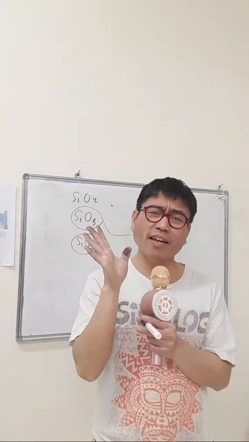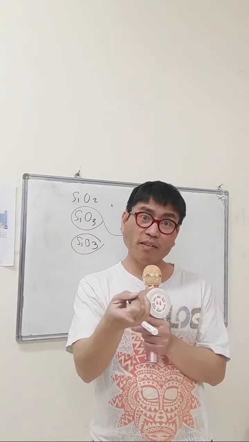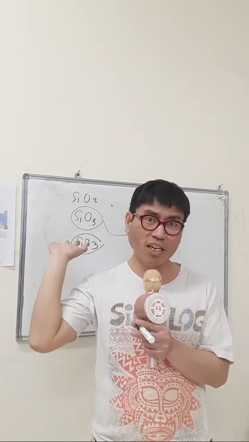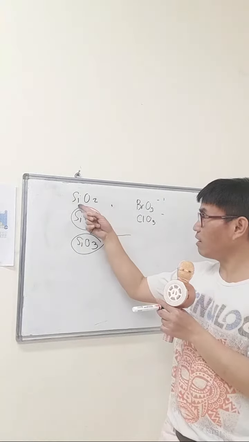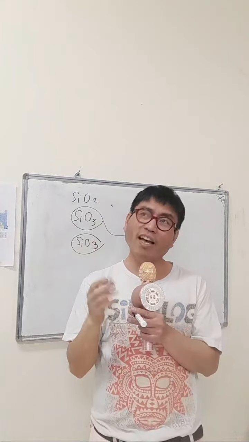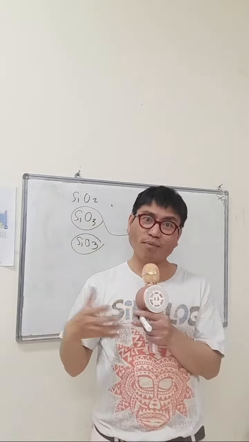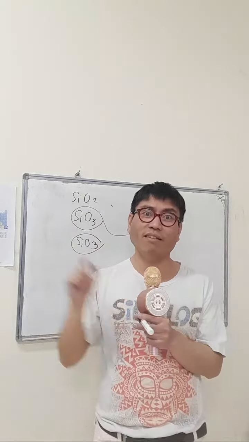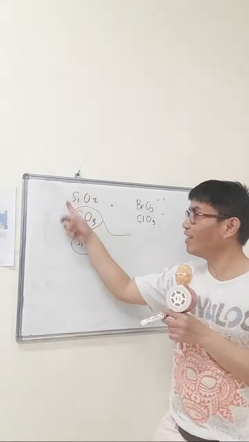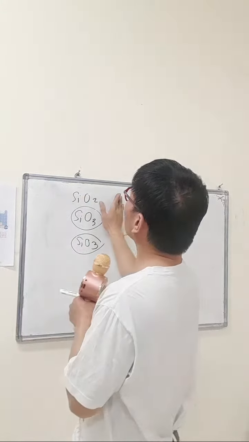But if the question says, what is the largest element found in the sand? Your answer will be silicon, not oxygen. Because you thought Si and oxygen are bonded together. Remember, oxygen will exist as oxygen gas and will just evaporate when it is split out from a compound. So it's normally silicon, not oxygen, because the formula is SiO2.